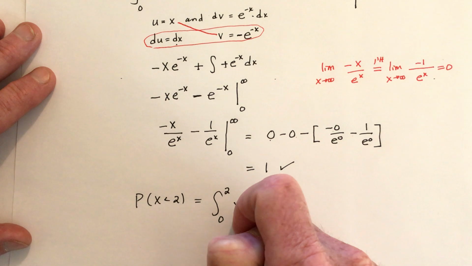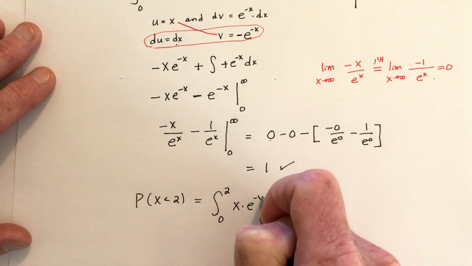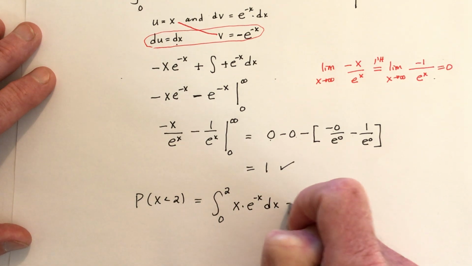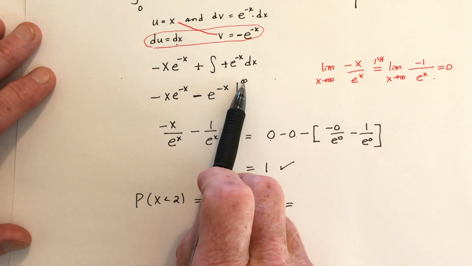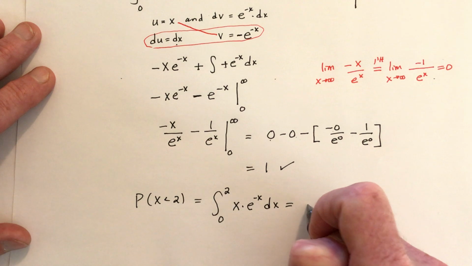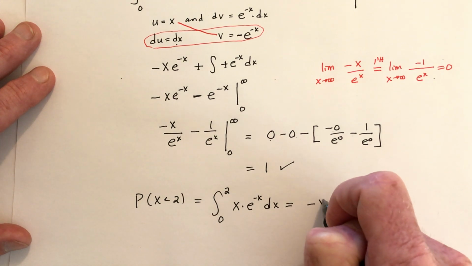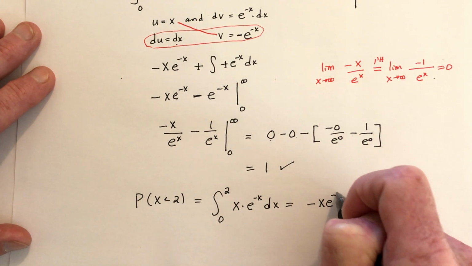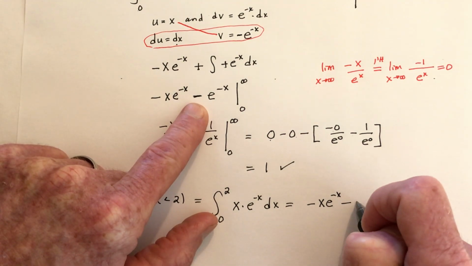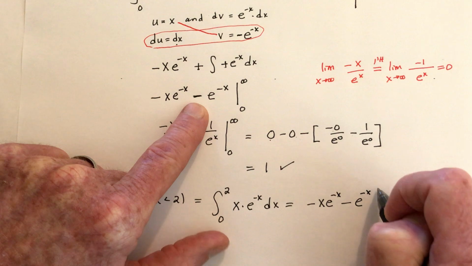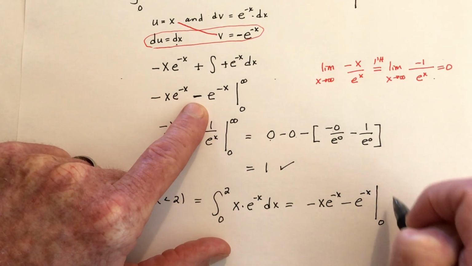So if you integrate that function, then we already did the work to find the antiderivative. We just need to change that to a 2. So that's going to be the negative x e to the negative x. So I'm just working from here, minus e to the negative x, evaluated from 0 to 2.